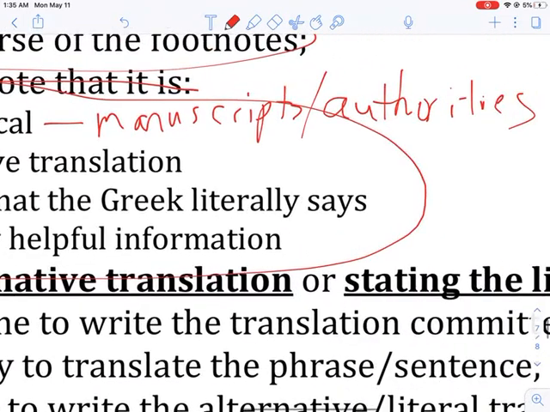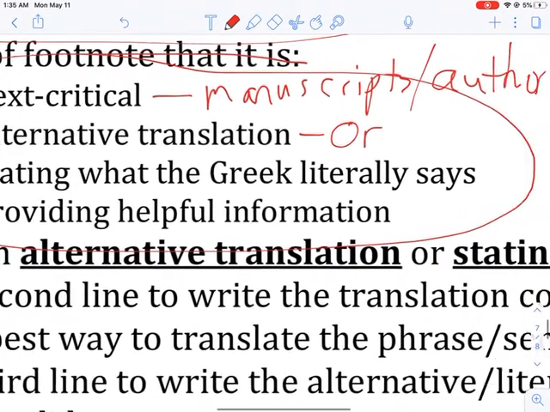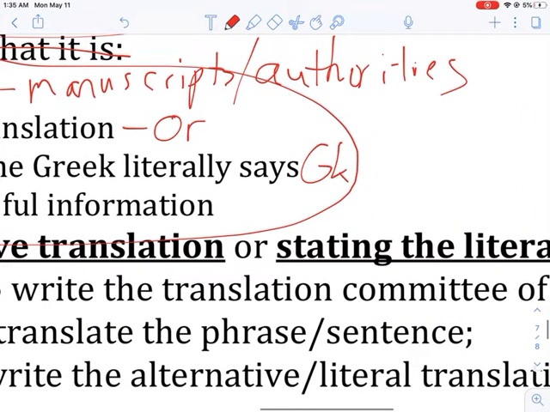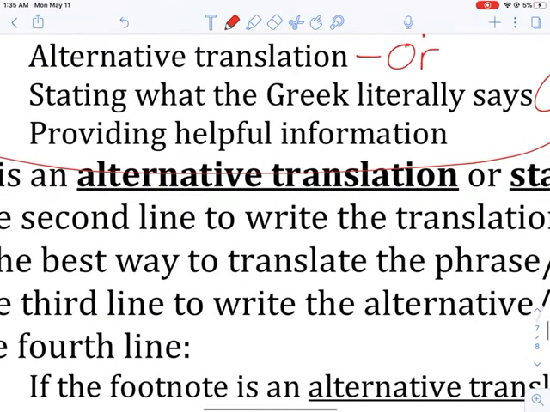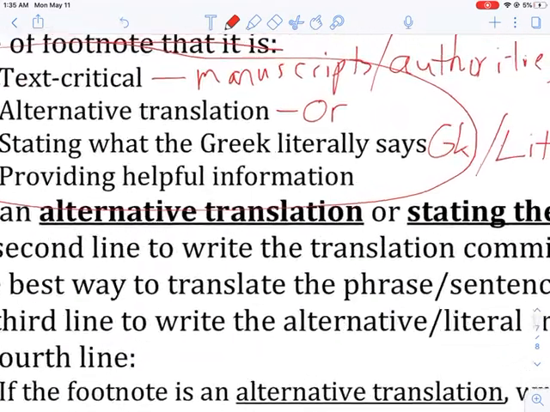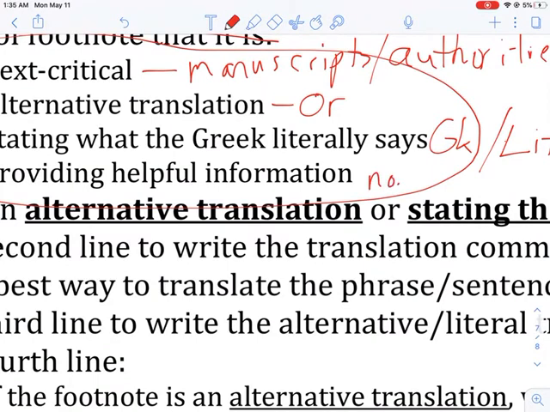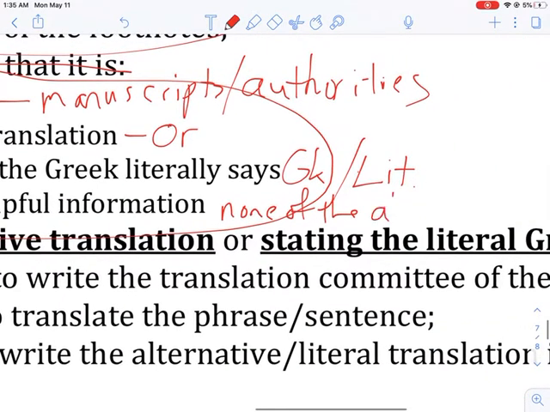An alternative translation will start with the word "or." A literal Greek one will either say "GK" or it'll say "lit." And other information will just be none of the above. So it won't do any of those.